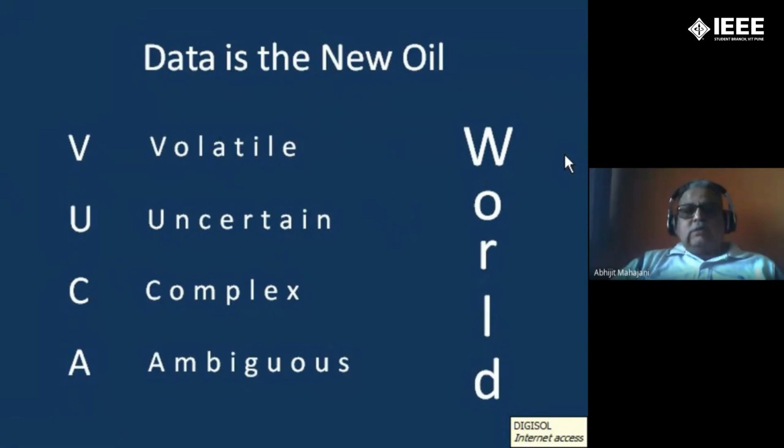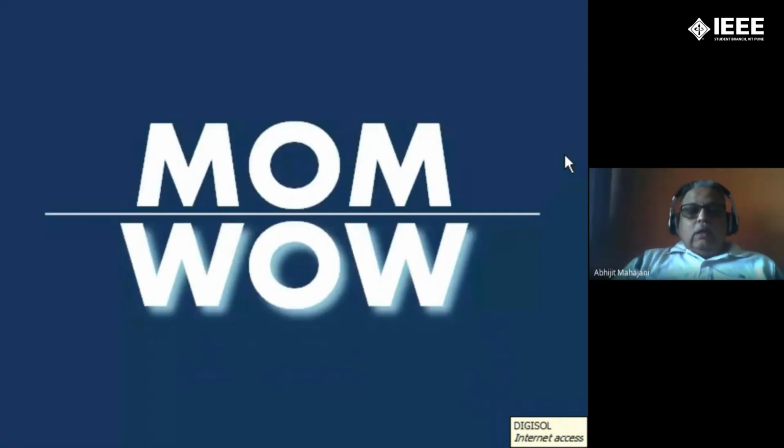Let's take this analogy, data is the new oil, and compare how things happen in both the worlds. You must have seen this slide quite often, and some variant of this is probably the most forwarded thing during Mother's Day on WhatsApp.